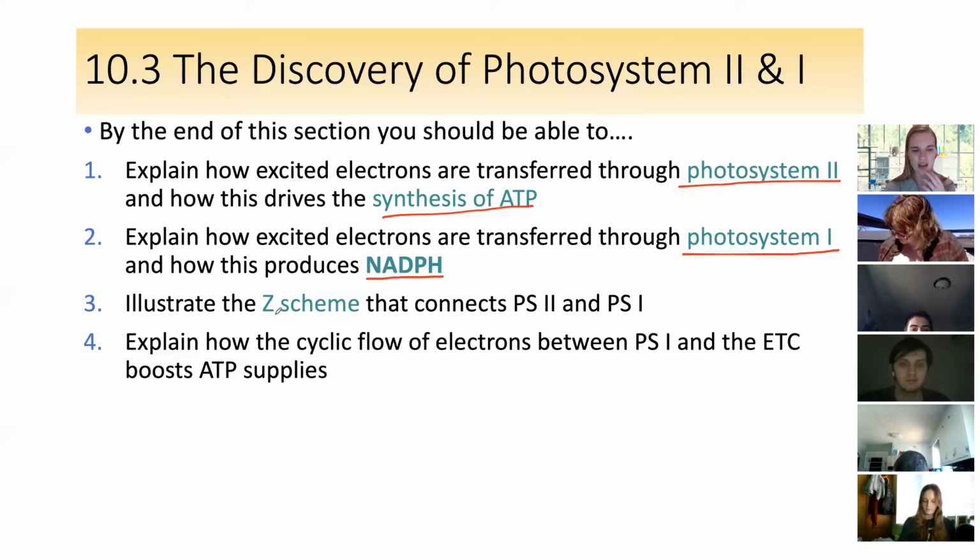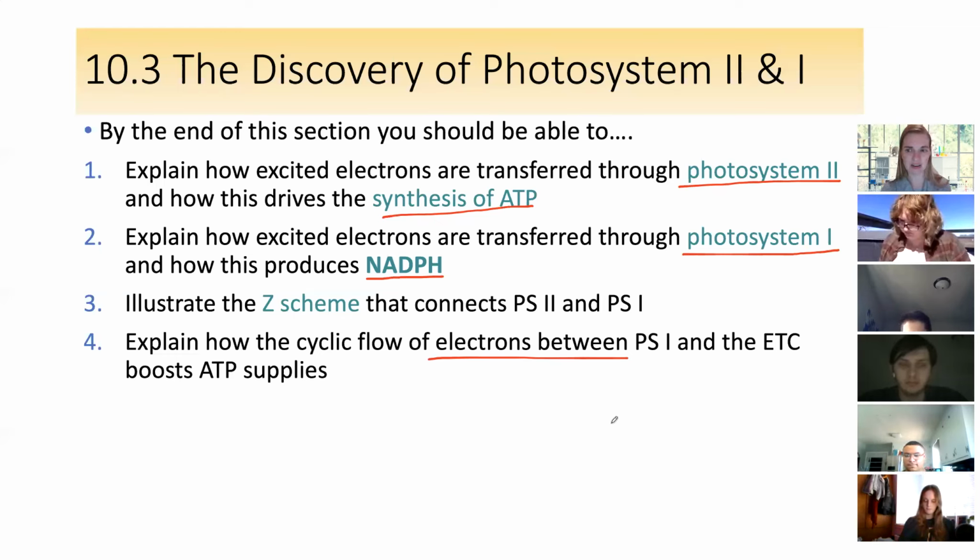We will briefly talk about what is referred to as the Z scheme, and this is really just a way to illustrate how photosystem 2 and photosystem 1 are interconnected. And then again, following this flow of electrons between the different photosystems, we're going to look at something known as an electron transport chain and how this helps to increase our supply of ATP.